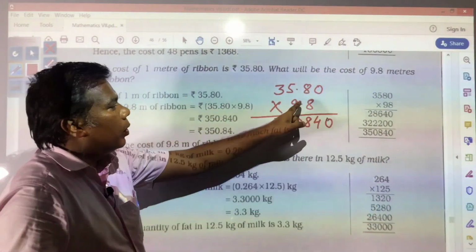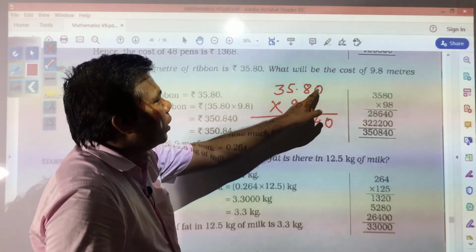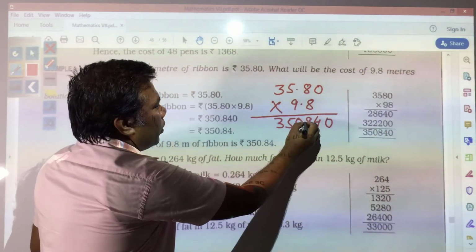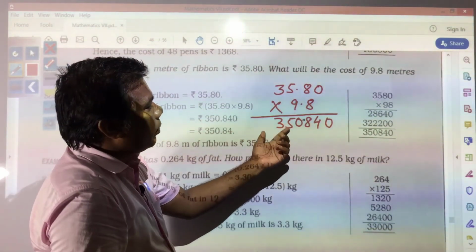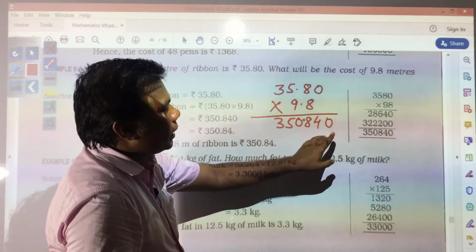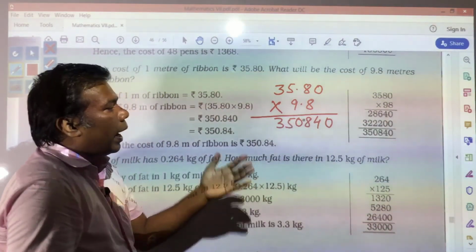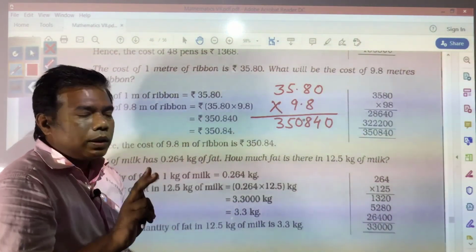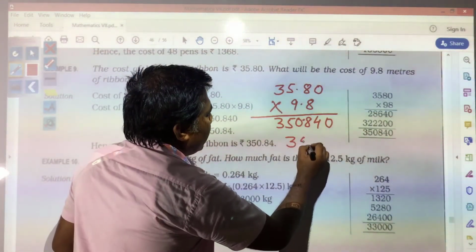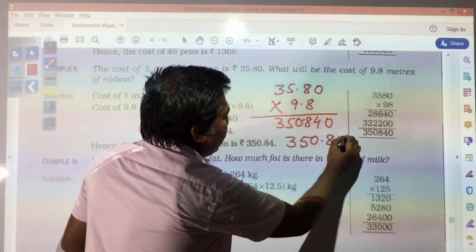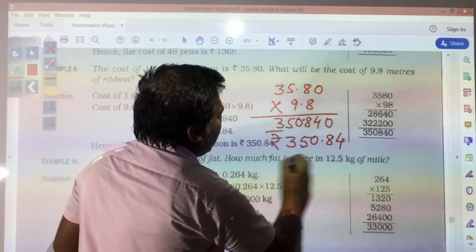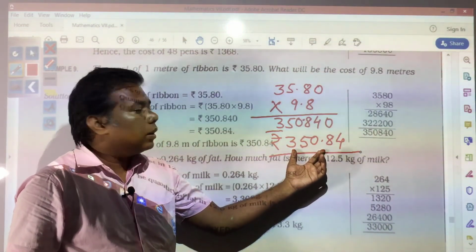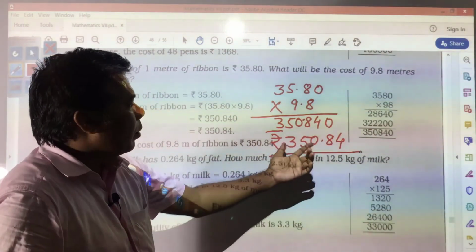Where will you put the decimal? After the decimal you count 1, 2, 3. Here the decimal you will put. So, either you write 350 rupees 84 paisa in this way, or as we write paisa simply in 2 digits after the decimal places. So, your answer will be 350 rupees 84 paisa, because if you remove the 0, the value of that number will not change.